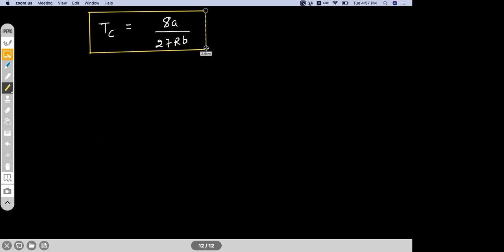This is Tc. And with the help of these two, you can also find out Pc, and Pc is equals to A by 27B square.